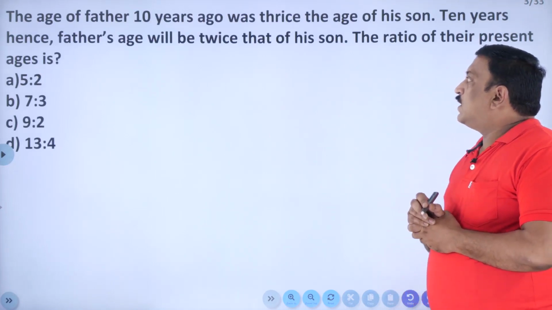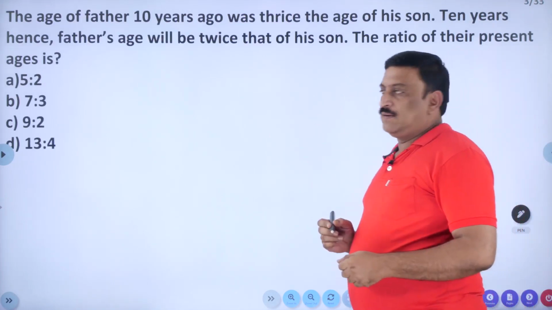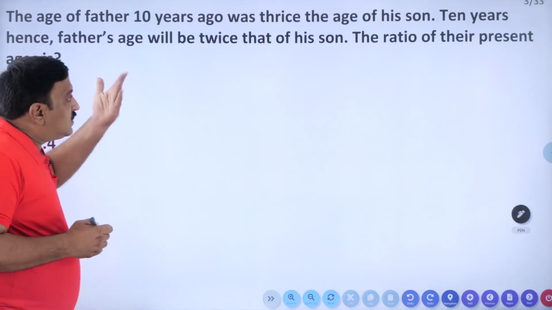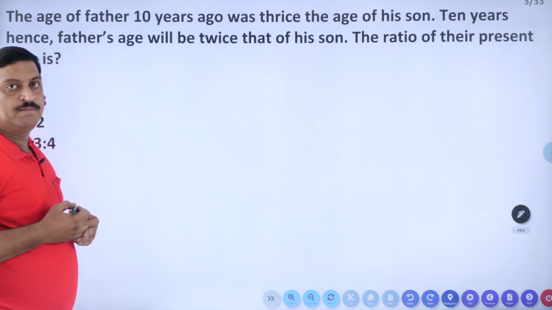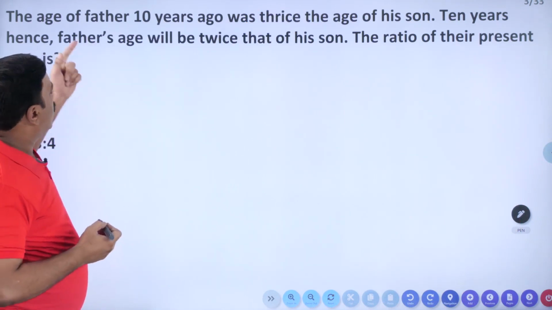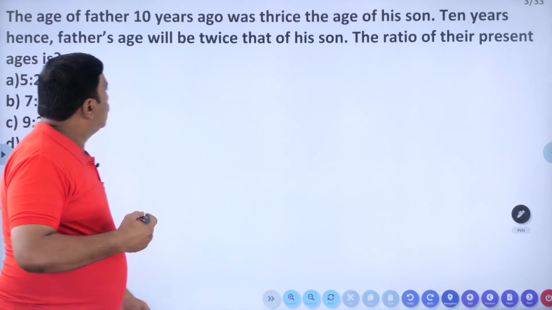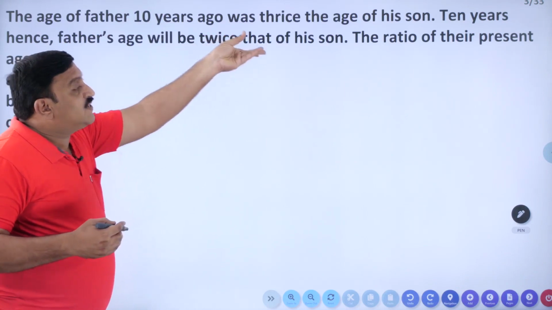The age of father 10 years ago was thrice the age of his son. Fine. 10 years hence, 10 years afterwards, the father's age will be twice that of his son.